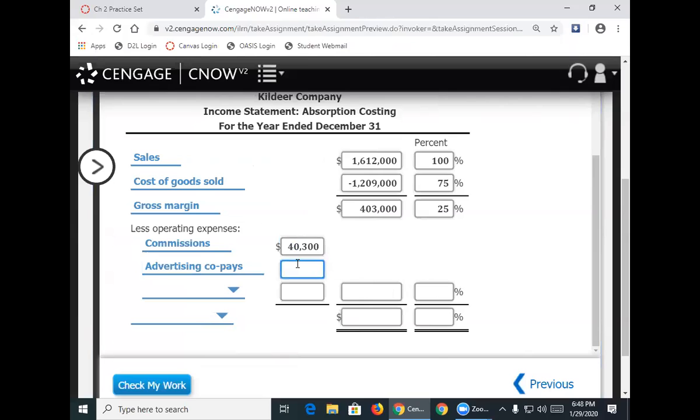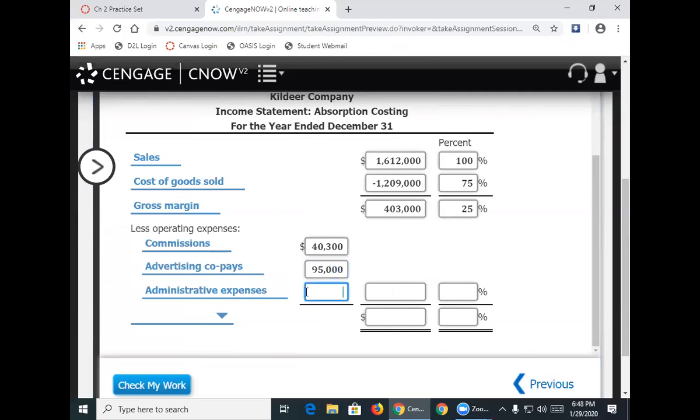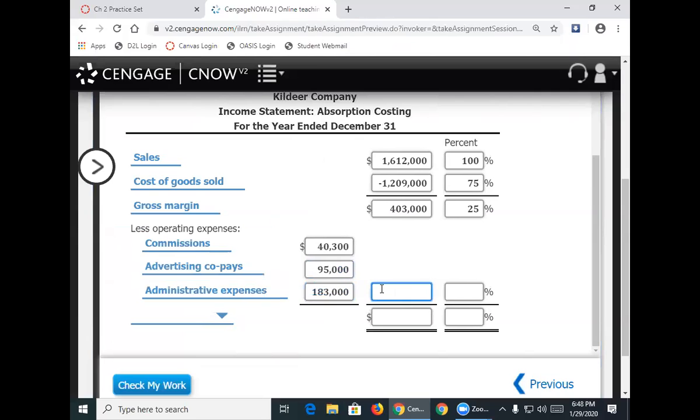Advertising, 95,000, and administrative expenses, 183,000. I add up my total operating expenses, 318,300, and it should be 19.75%.